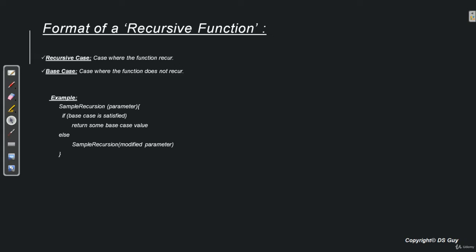In the recursive case, we typically call the same method again with a different parameter. In the base case, we typically return from the method, and it is normally a termination condition. I hope you have understood the format of a recursive method.